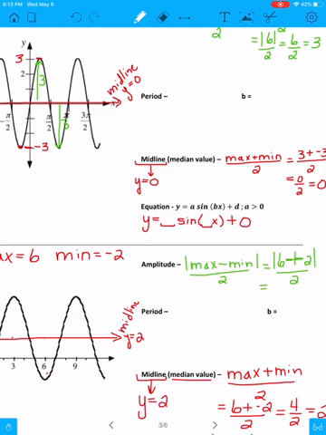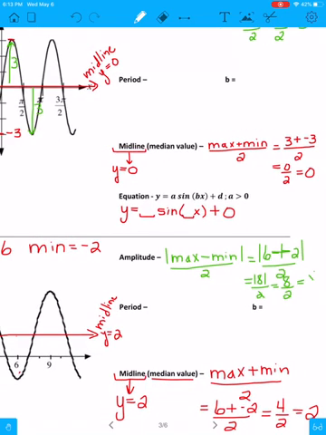And so I'm going to get the absolute value of 8 divided by 2. Absolute value of 8 is just 8 divided by 2, which is 4. So my amplitude is 4.